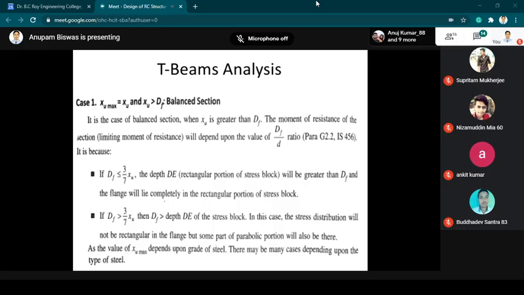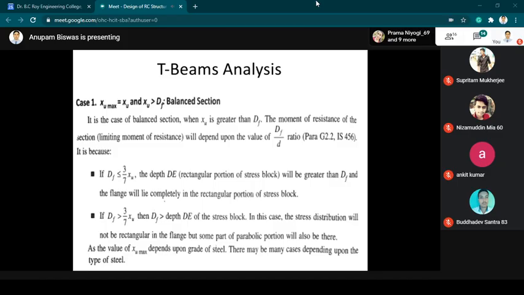So the Indian Standard Code has given a simplified approach. Instead of XU max by d, as for a rectangular section, the code has given DF by d, whose value has to be considered as 0.2.